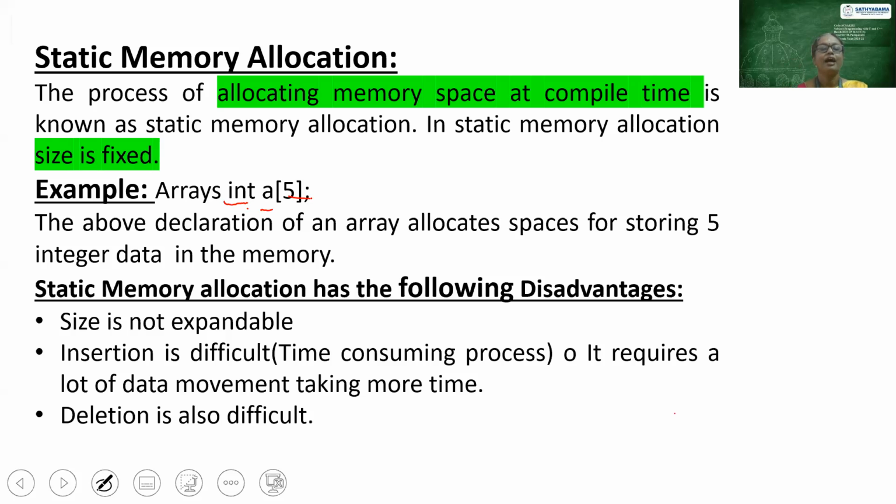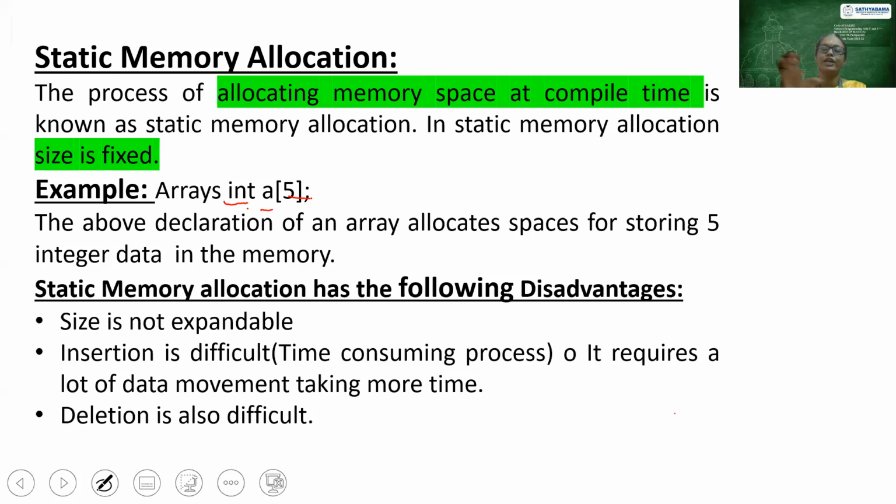Similarly, I cannot easily insert anything. It is time consuming, because we use a for loop to put all the values into array A of 5 and get the input. So insertion is also very difficult, and deletion is also difficult. When you go with static memory allocation, it has these disadvantages. I cannot increase the size.